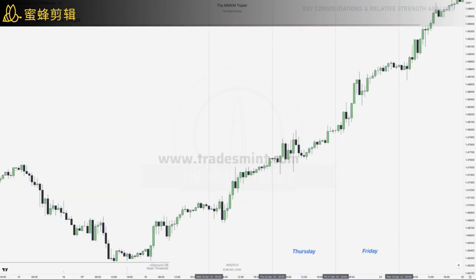So over here we've got the 1 hour chart for euro Canadian dollar. We know our draw on liquidity is on the buy side, and we're going to focus on Thursday and Friday again, because we know after Wednesday DXY is consolidating, and we're going to focus our attention on finding a buy setup for euro Canadian dollar. Now without the annotations we can see this chart going into bullish order flow, but with annotations we can find our setup.